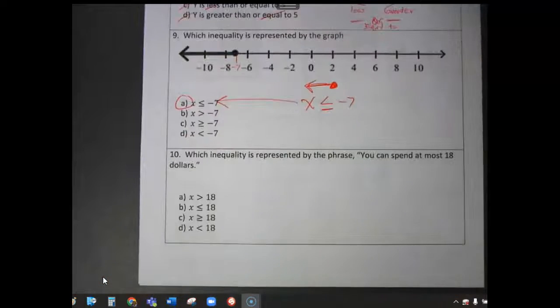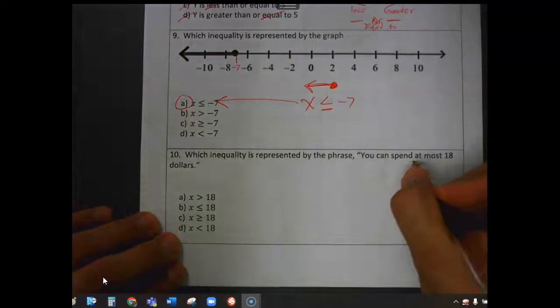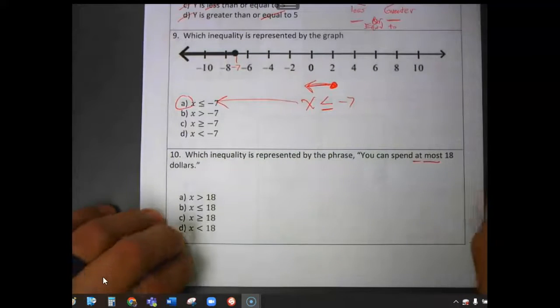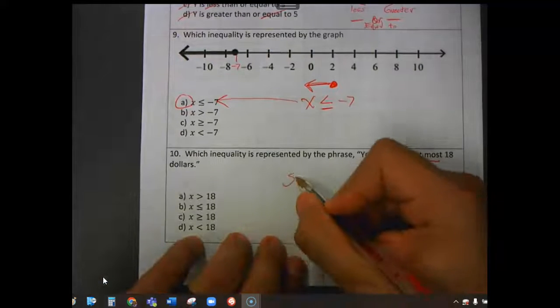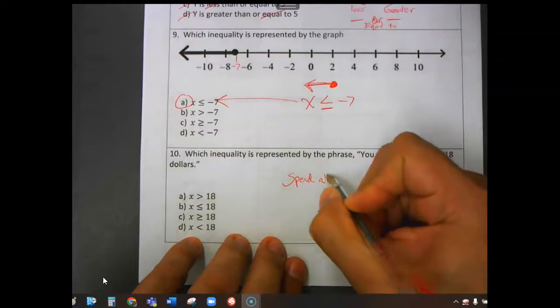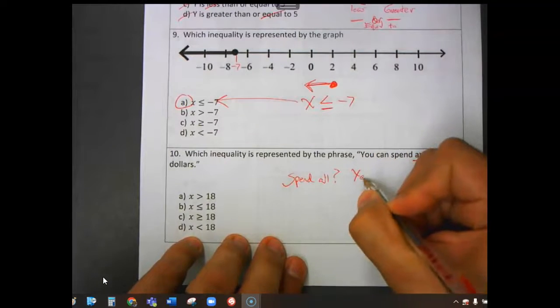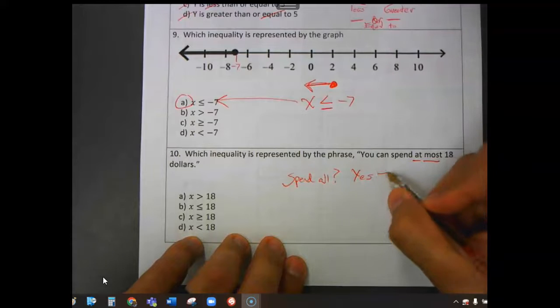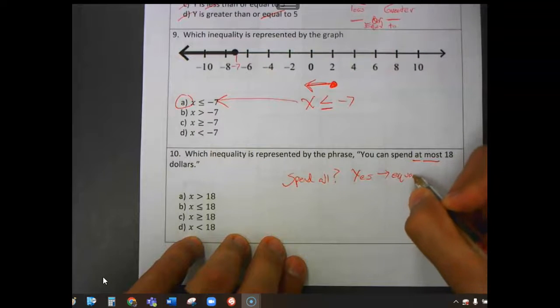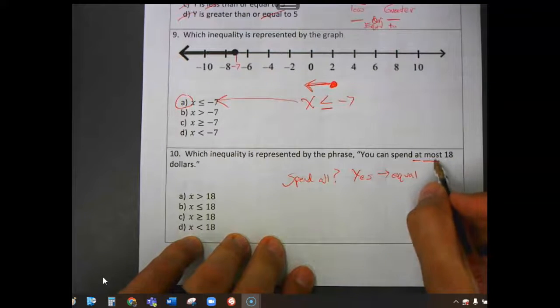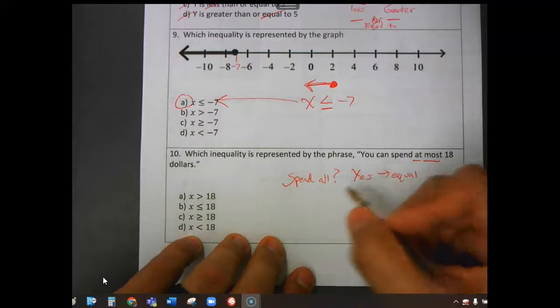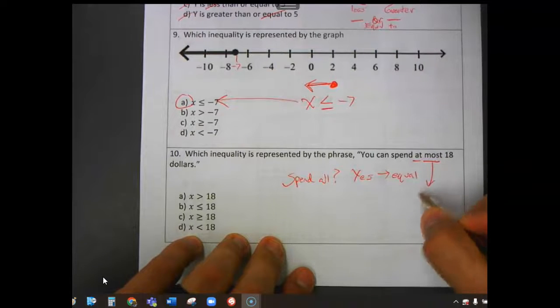And then last but not least, number 10, which inequality is represented by the phrase you can spend at most $18. Now, can you spend it all? Yes. So it can be equal, but if 18 is the most you can spend, then at most means you can spend less than.